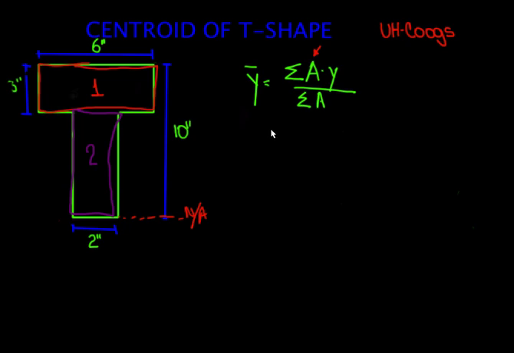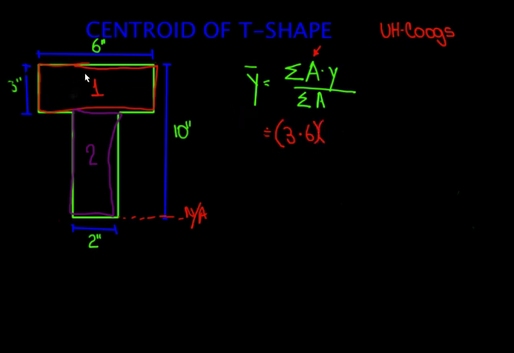So the centroid equals, first, the summation of the areas times y. So for rectangle 1 the area equals 3 times 6, times y.